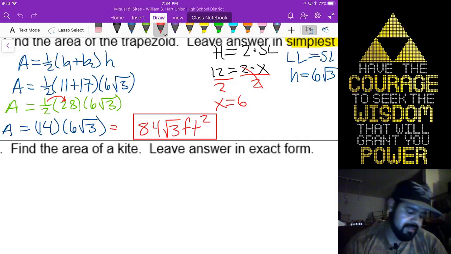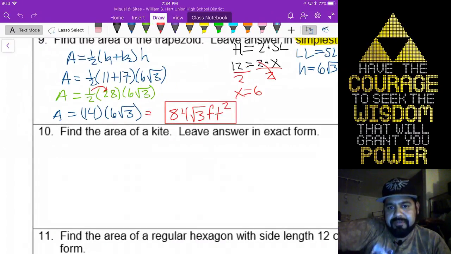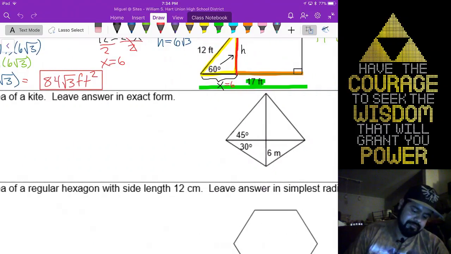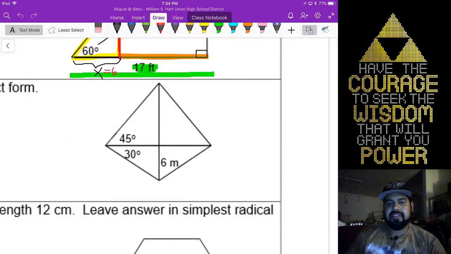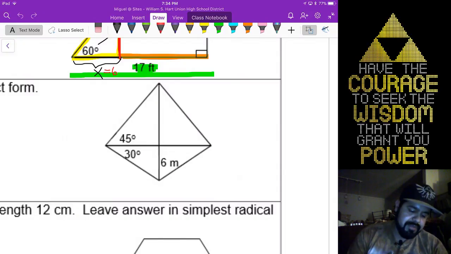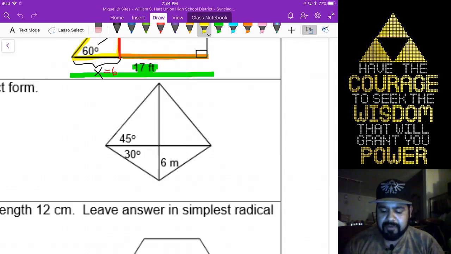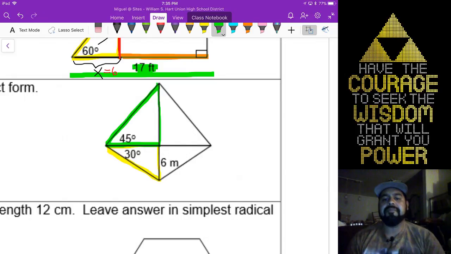The next one. So you want to do number 10, Mateo? On this one, we have two special right triangles at play. You have your 30, 60, 90, and then you have your 45, 45, 90 triangle.